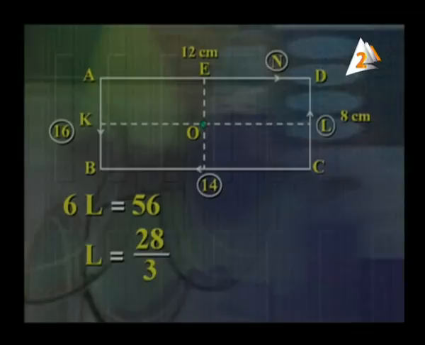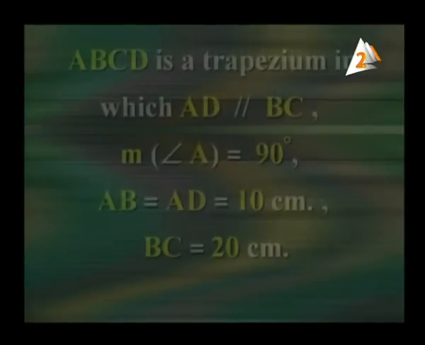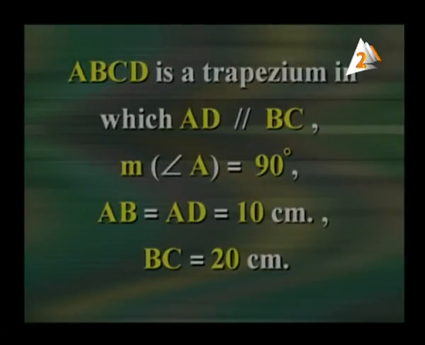ABCD is a trapezium in which AD is parallel to BC. Measure of angle A equals 90. AB equals AD equals 10 centimeter, and BC equals 20 centimeter.